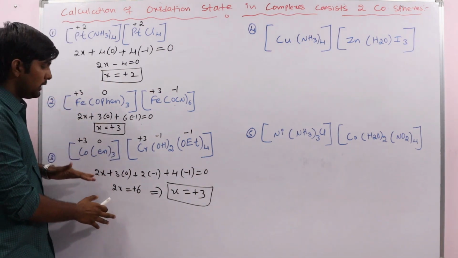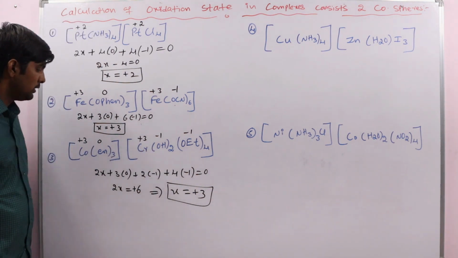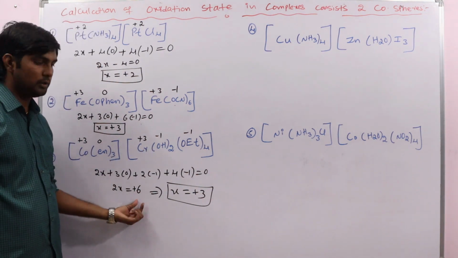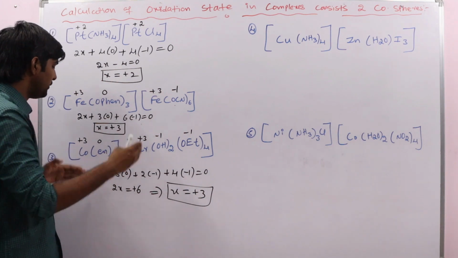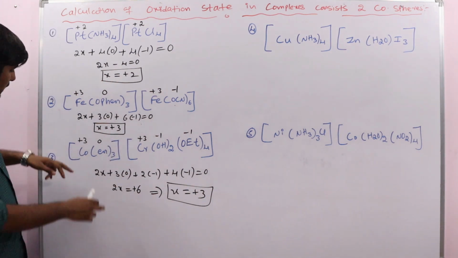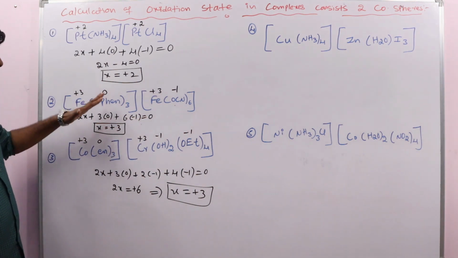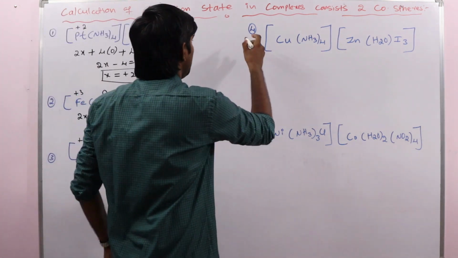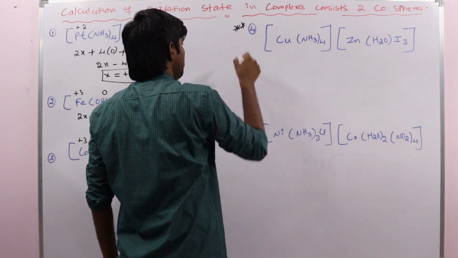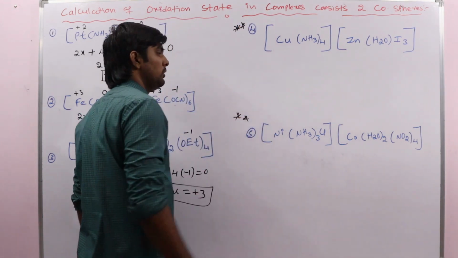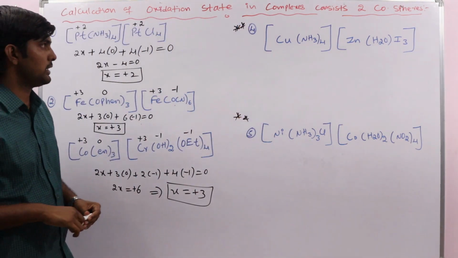Up to here this is simple. We are getting an even number, so the charge is equally distributed between the two metals. So here the oxidation state is +3, and here also +3. But this example is very important, and this is also okay. Both are very important examples.